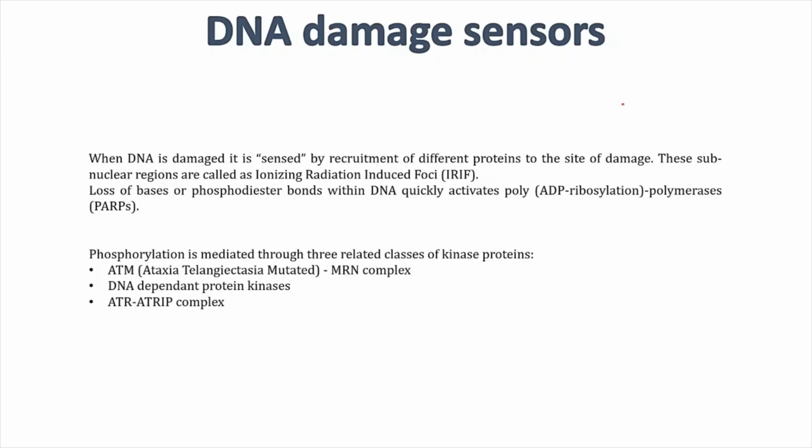As we know, phosphorylation leads to activation of any signaling. So phosphorylation is mediated through 3 related classes of kinase proteins, which are the ATM-MRN complex, the DNA-dependent protein kinases, and the ATR-ATRIP complex.